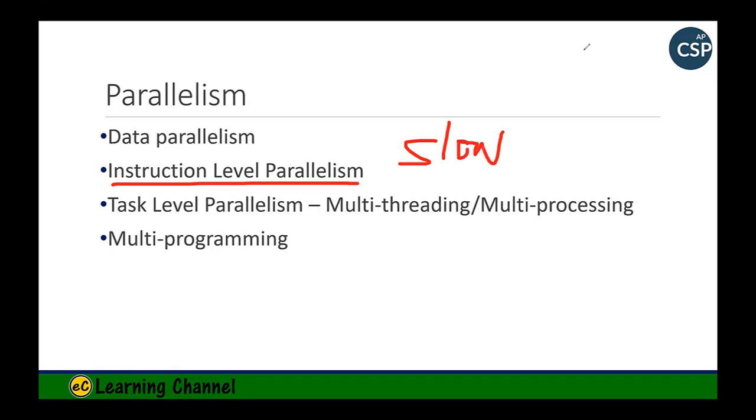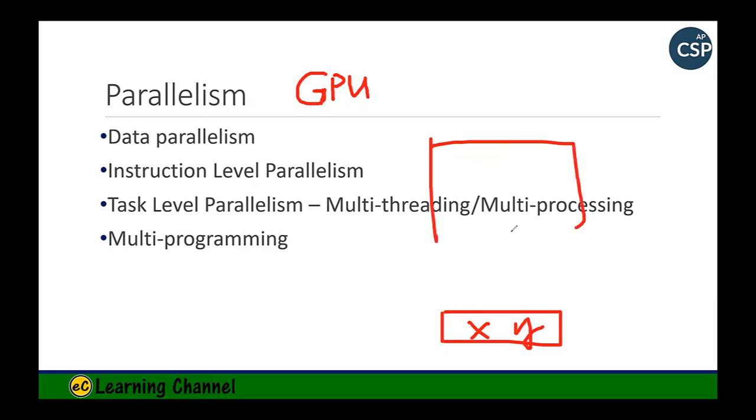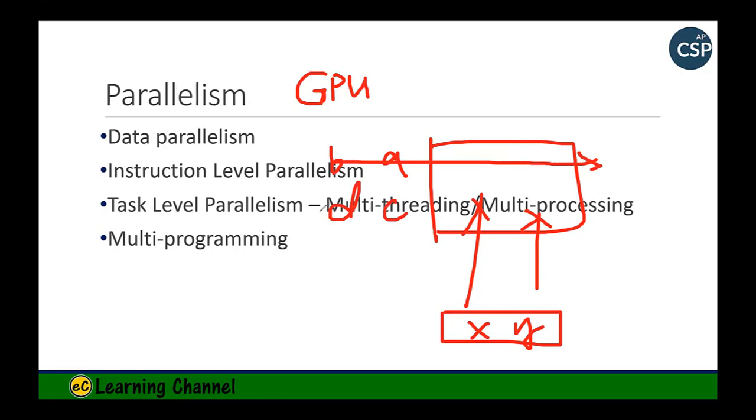So when you do GPU, you put your X and Y over here, and you should have your A, B, and C, D right here. Your A, B, C, D go this way, X, Y go this way. In here you do multiply and add.